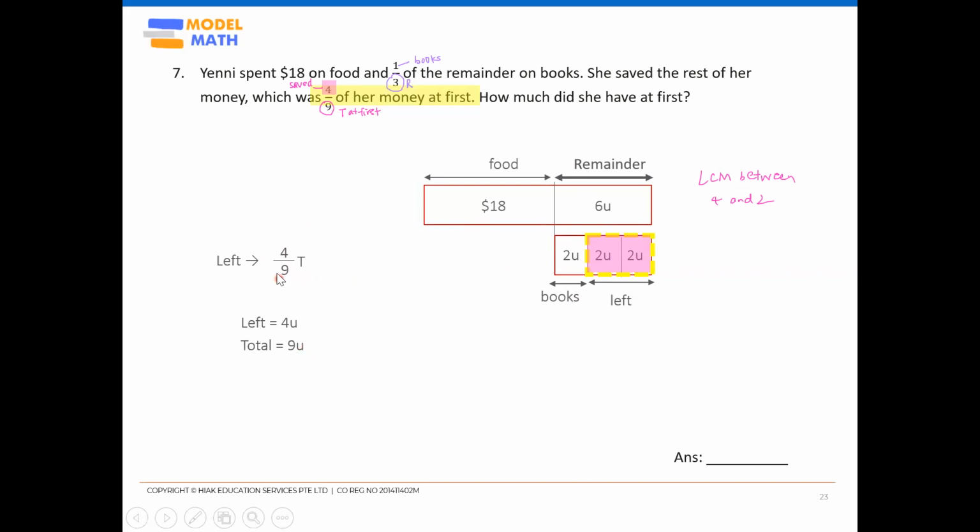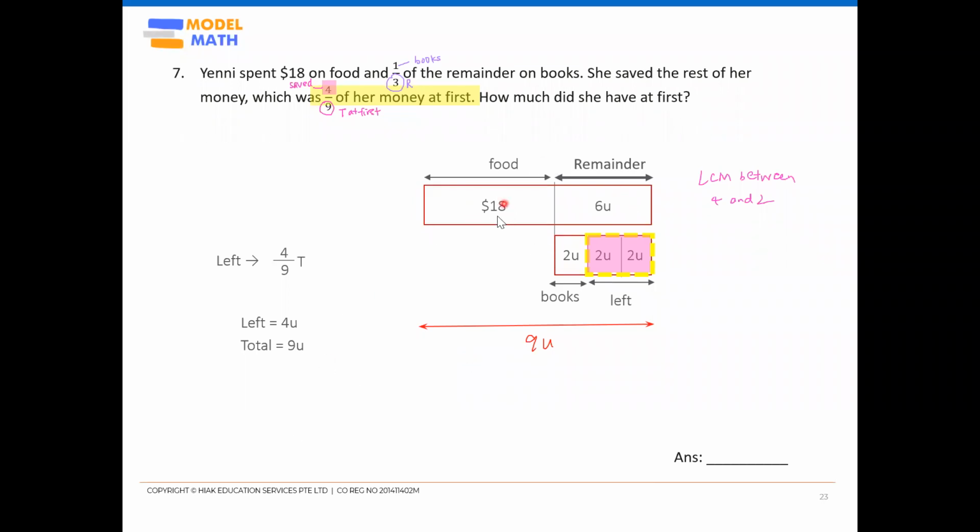You can safely rely on this also. Now 9 units is from here to here. This is your 9 units.